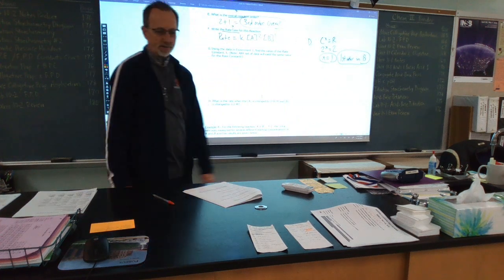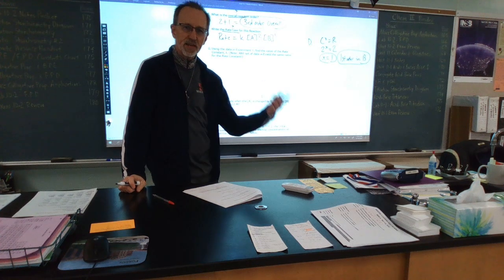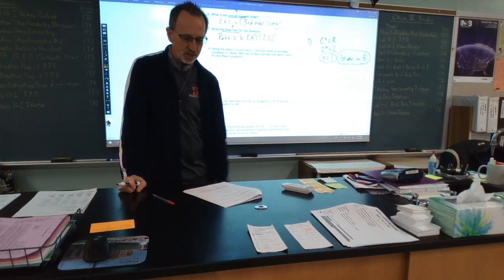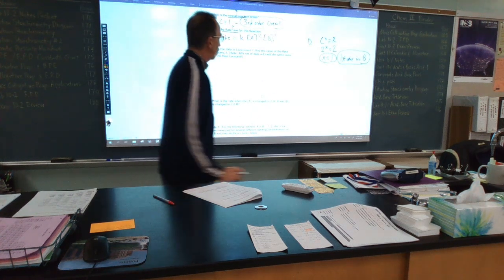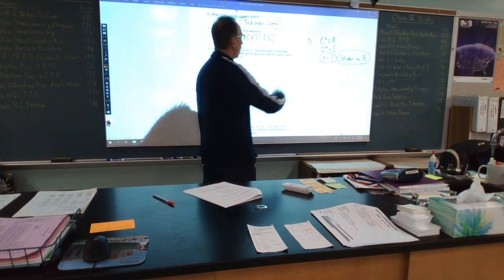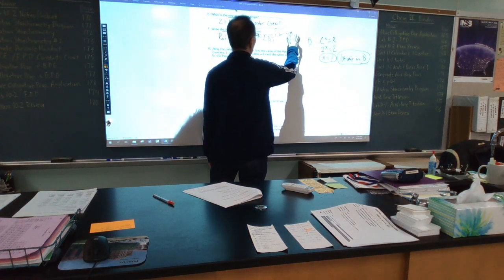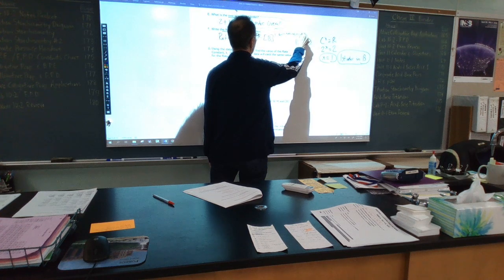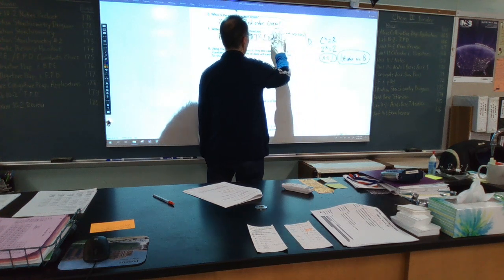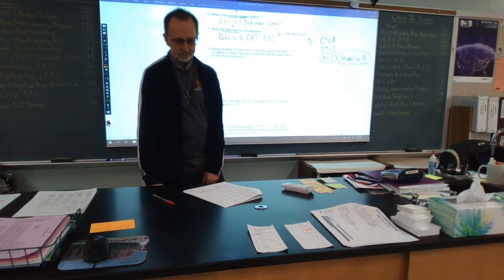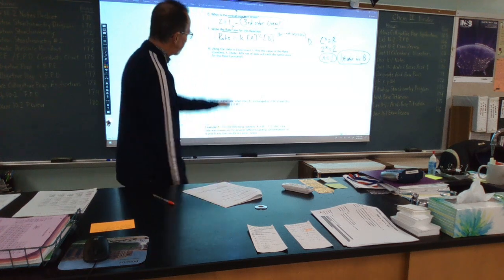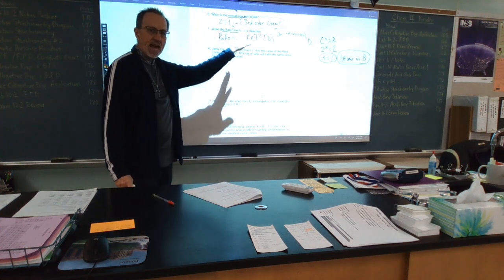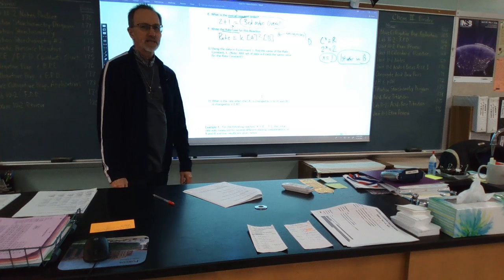That would be a 1. Since that's a 1, we know anything to the first power doesn't change its value. So you can leave the 1 there, or you can take it off. Doesn't matter. Either way, however you want to do it. Okay? This is the rate law for this reaction based on the data that we have analyzed.